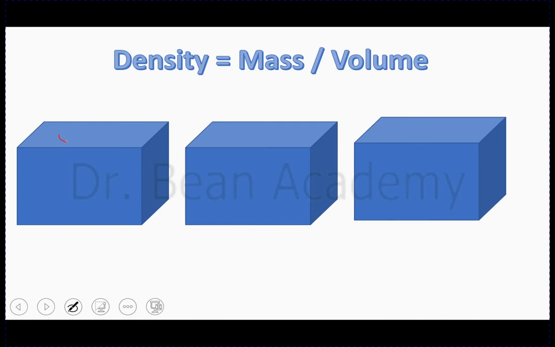For example, here I can say that a certain mass is packed inside this volume, and you can see a lot of mass is stuffed into this volume, because sometimes we have the choice to pack a certain mass of something into a smaller volume.